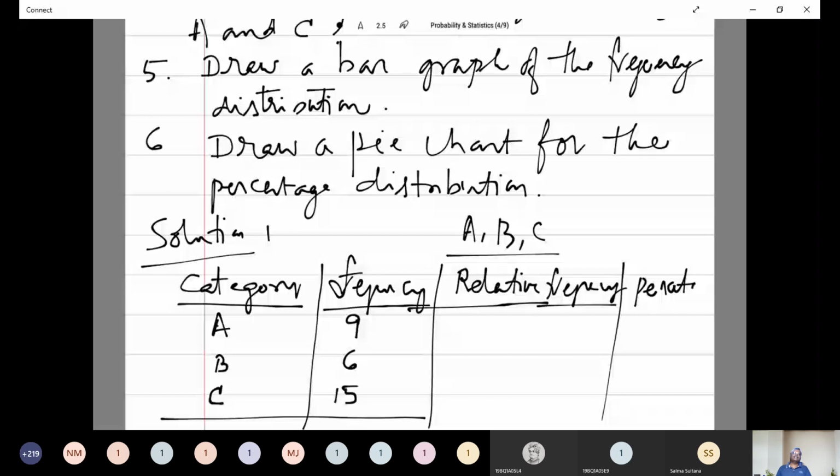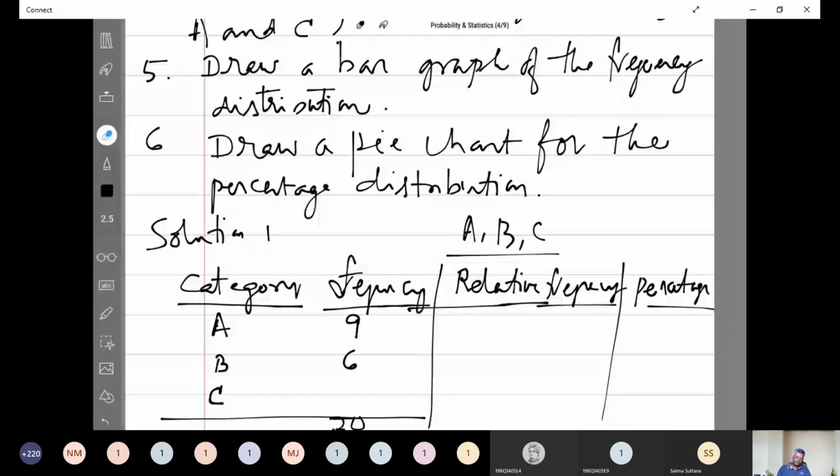Now, how can you find the relative frequency? Total frequency is equal to sum of the frequencies is equal to 30.